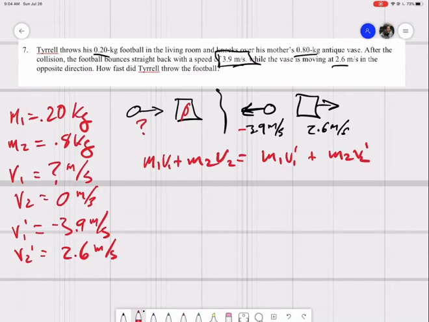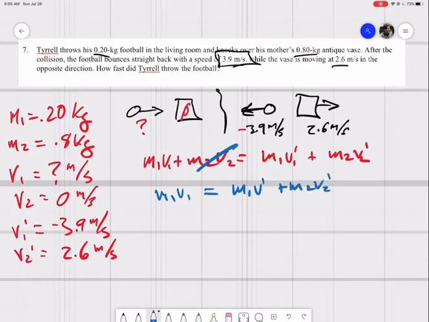Okay, let's cross out my zeros. That is 0, so we don't have to worry about that anymore. So we are going to have our M1 V1 is equal to M1 V1 primed plus M2 V2 primed.